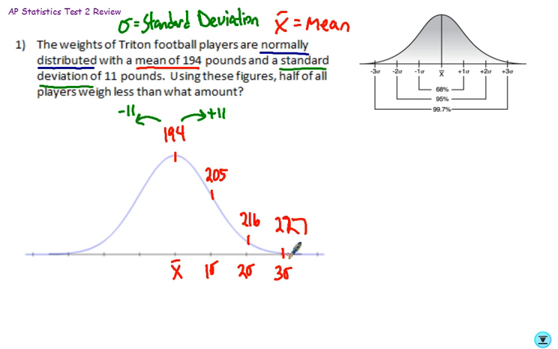Let's look at the other direction. If I go one standard deviation to the left, I subtract 11, so I end up with 183. Another standard deviation, subtract 11, now I'm down to 172. One more standard deviation, subtract 11, now I'm down to 161.